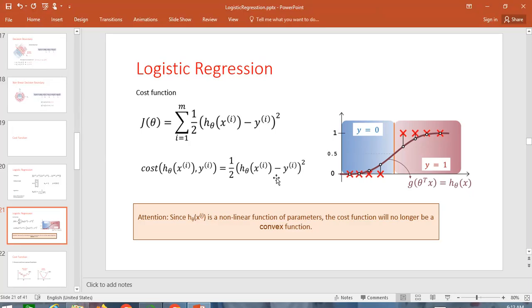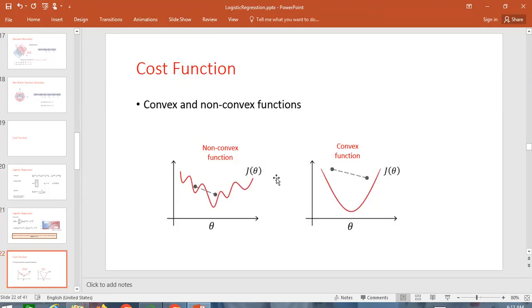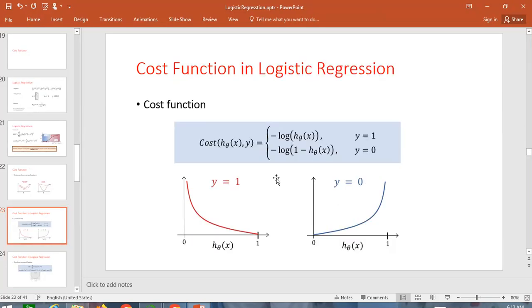If we multiply by a negative and apply it to 1 minus x instead of x, we get this. When, for example, our data output is 1, and the prediction is 1, the error will be 0. The further away from 1, the greater the error. And if 0 is predicted, the error becomes infinite.